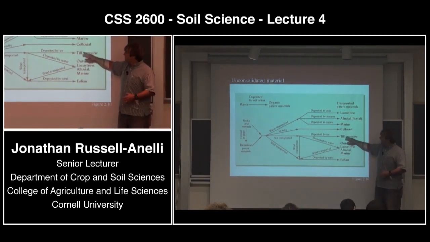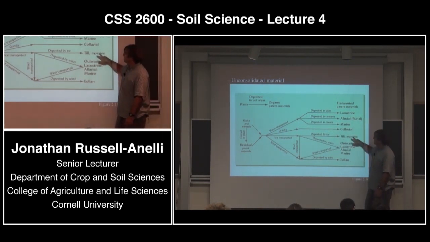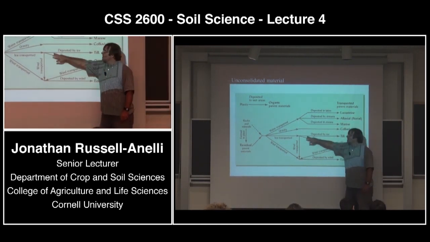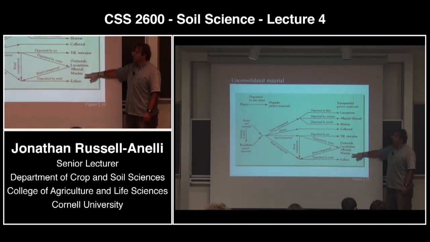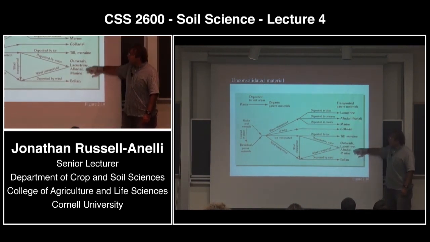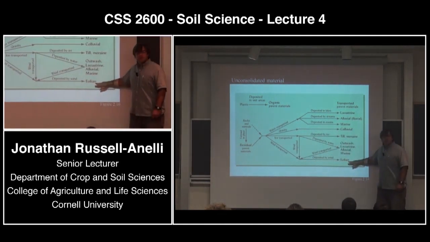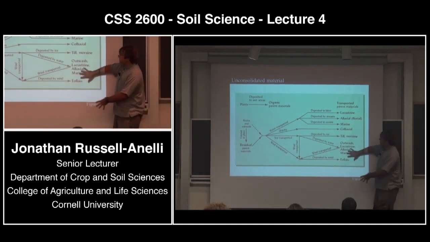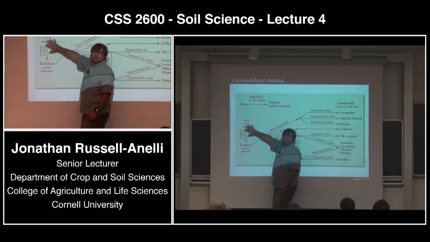And you can imagine as we move through these, here's ice transportation where it's deposited by ice and it becomes till or a moraine. Or it's been ice transported and then moved by water where it becomes outwash, lacustrine, alluvial, and marine. So it goes right back to these. Or it could be wind transported and it becomes aeolian.